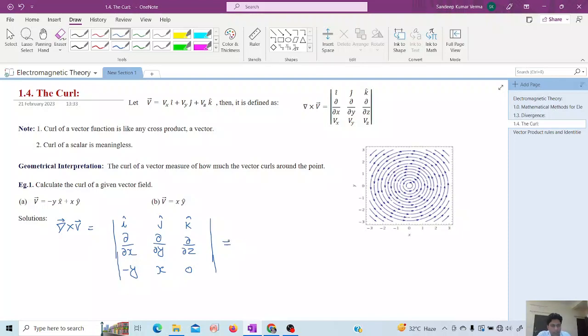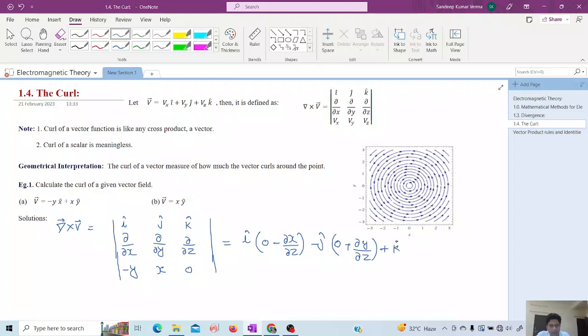If I simplify this, for i cap it is 0 minus del x by del z, which also will be 0, and similarly minus j cap, 0 minus del y by del z, which also gives 0.